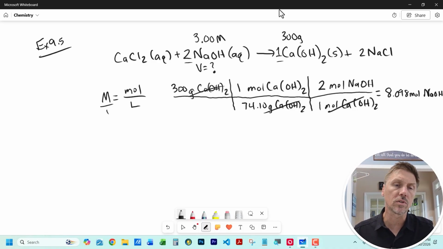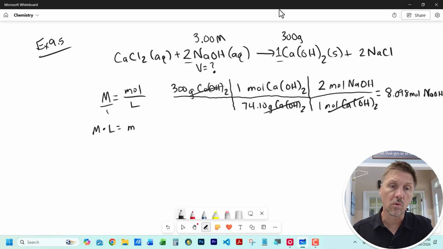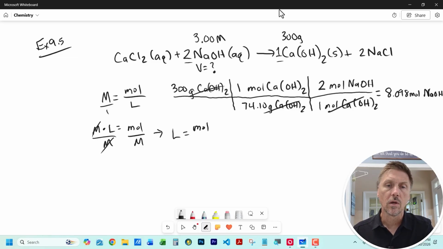So using cross multiplication, we get that M times L equals 1 times moles, right? And then if we're trying to find the number of liters, we're going to divide both sides by M, right? That'll cancel out these M's here. So the equation that we're actually using is that the number of liters is equal to the moles of the substance divided by the molarity of the substance.